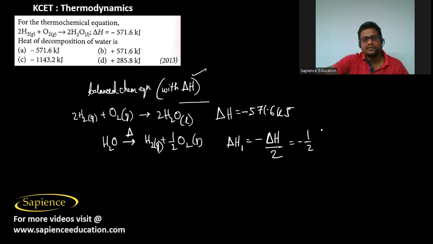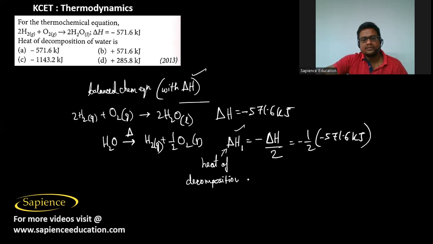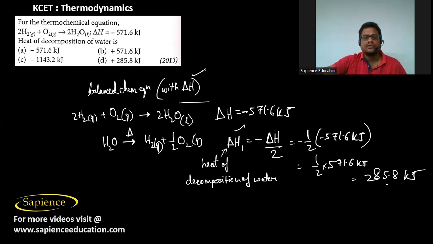So it will be minus half of minus 571.6 kilojoule. This delta H1 will be the required heat of decomposition of water. That will be equal to half of 571.6 kilojoule, which is plus 285.8 kilojoule. So option D is the correct answer.